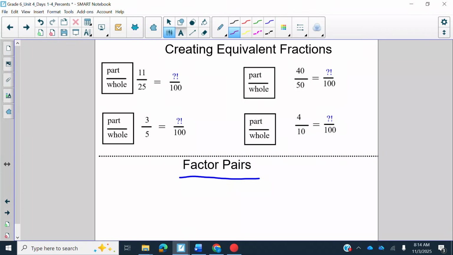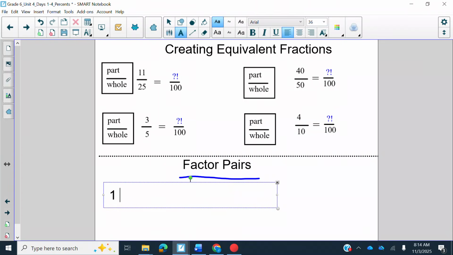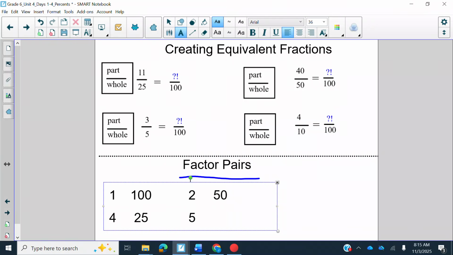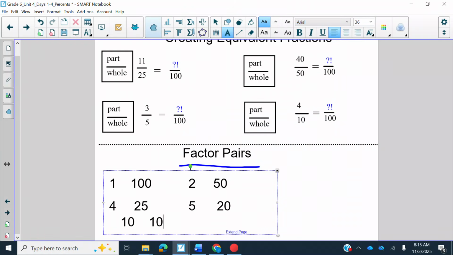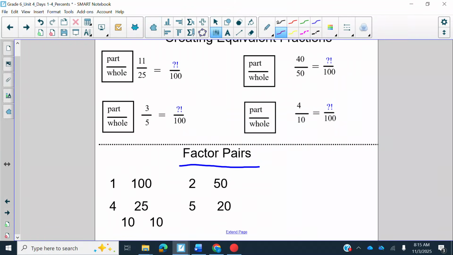For example, we can do 1 times 100, 2 times 50, 4 times 25, 5 times 20, and 10 times 10. Those are all the different ways that you can make 100.